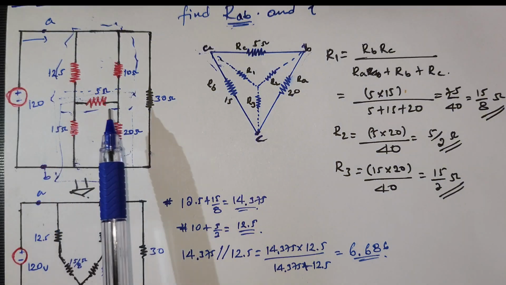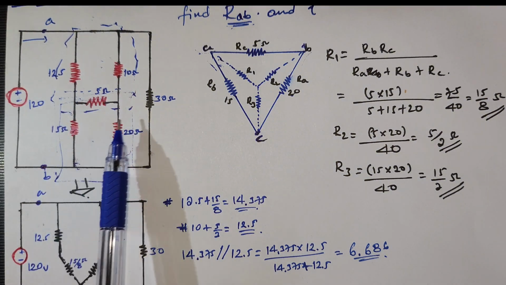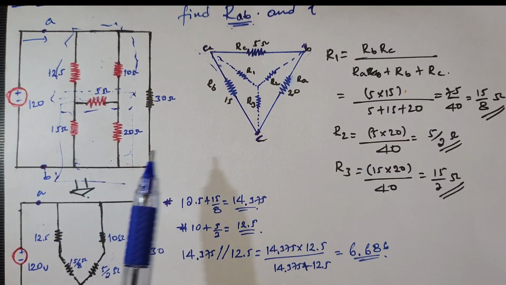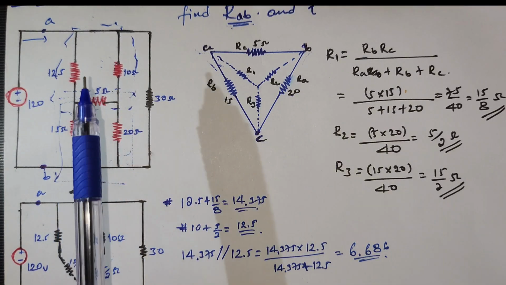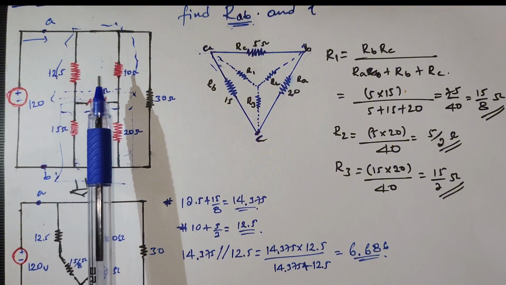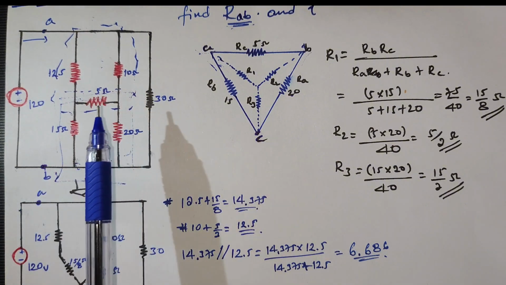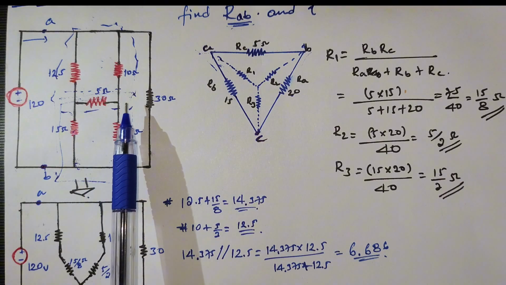So we need to transform a part of the circuit from delta into Y, because this is a bridge. We can't find the equivalent resistor between these two, because they are neither in series nor in parallel.